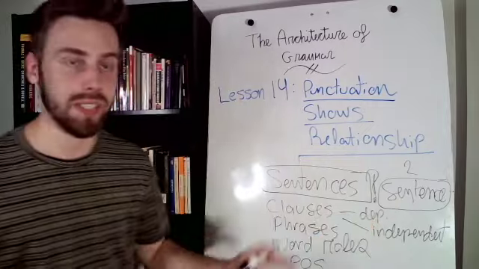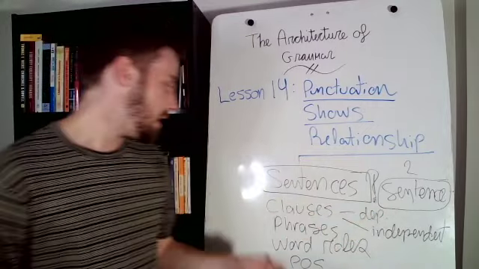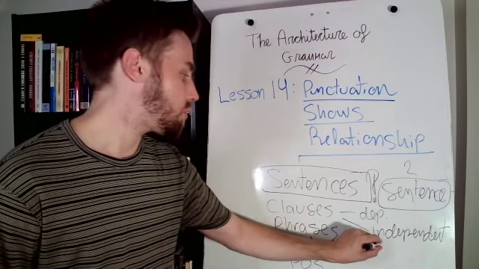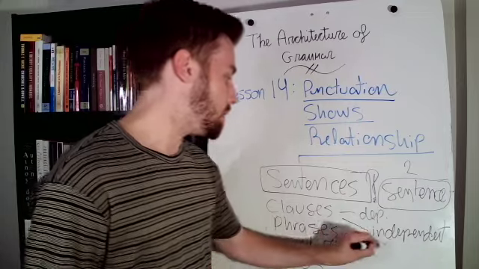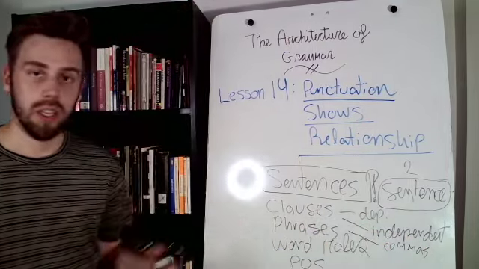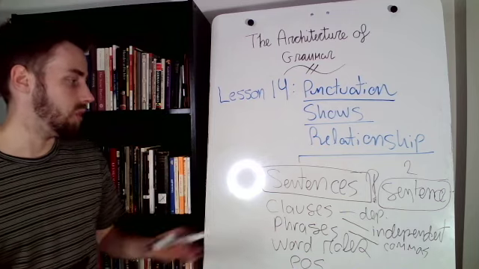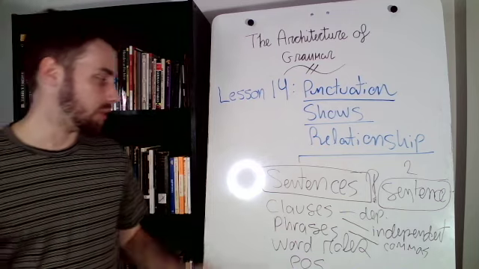Punctuation helps us determine which is the dependent and which is the independent. When it comes to phrases, phrases are often set off with commas. So that's a punctuation mark. So commas help us differentiate phrases and layer the information in those sentences.